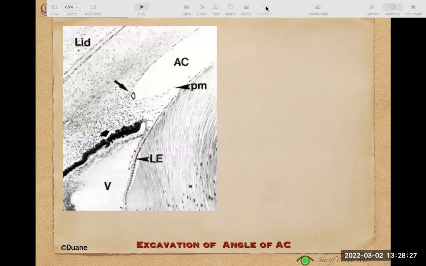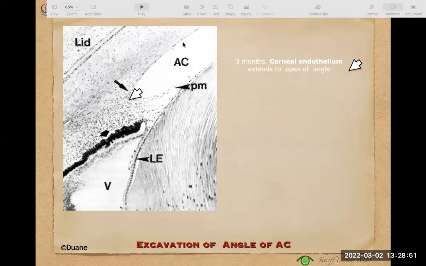the angle is excavated. This is the anterior chamber, and this is the eyelid and the cornea. This is the angle. This is the lens epithelium. This is the vitreous. So the angle becomes formed as a recess at 3 months.